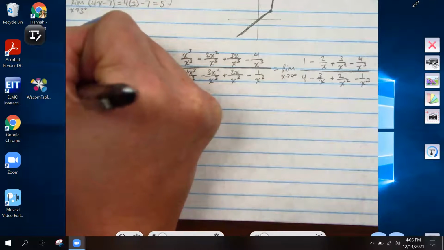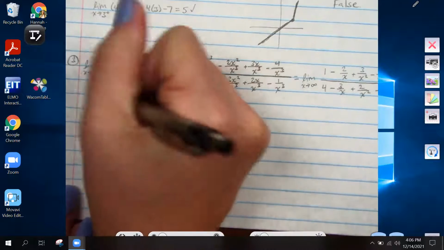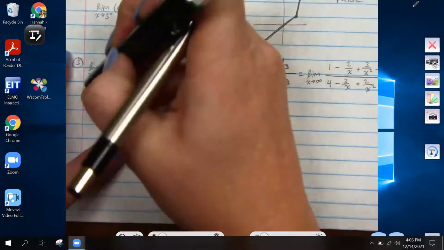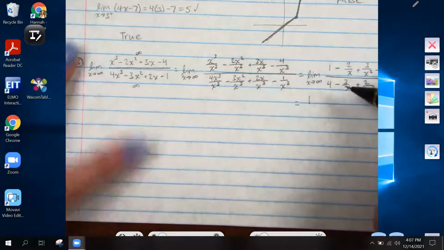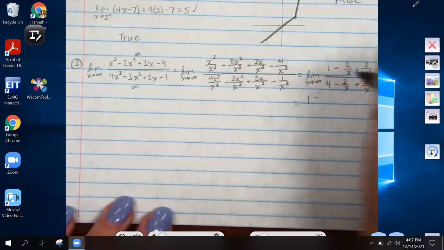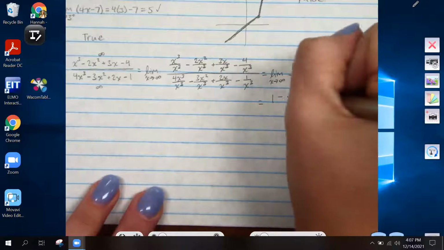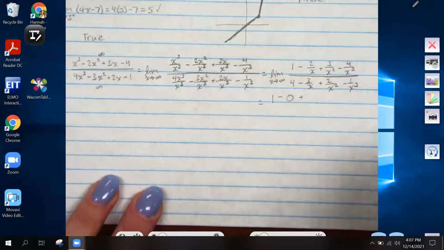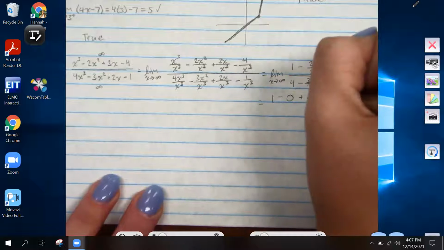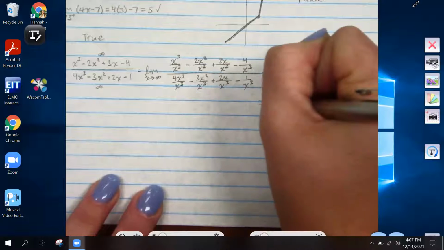Now when we go to plug in infinity, we have this 1, that doesn't change. Minus 2 over infinity, which any number divided by infinity is 0, plus 3 divided by infinity squared, which will also be 0, minus 4 over infinity cubed, which will also be 0.